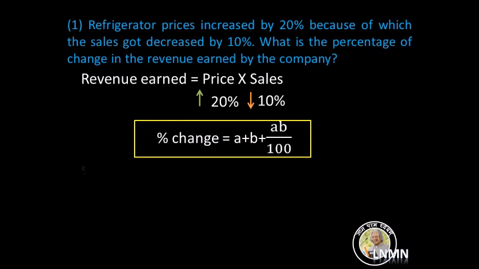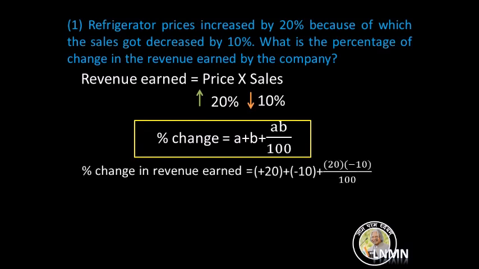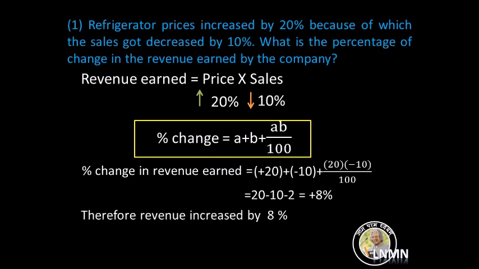Percentage change in revenue earned is equal to plus 20 plus minus 10, because sales has decreased by 10%, so minus 10, plus 20 into minus 10 by 100, which will give us plus 8%. Plus 8% means the revenue earned by this company has increased by 8% because of these scenarios.